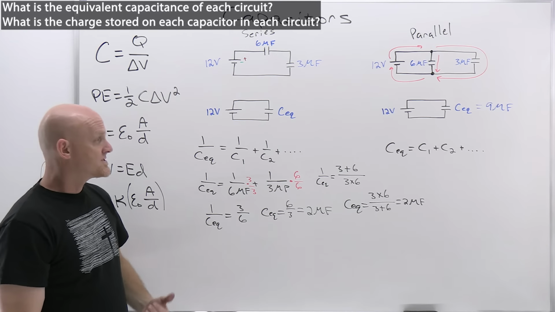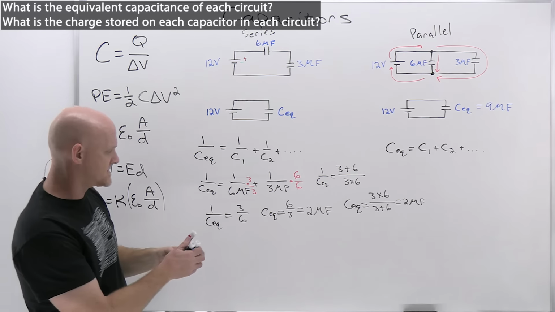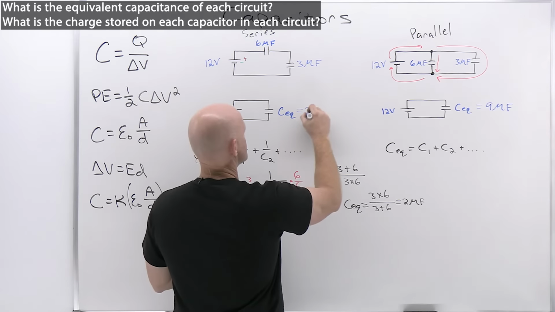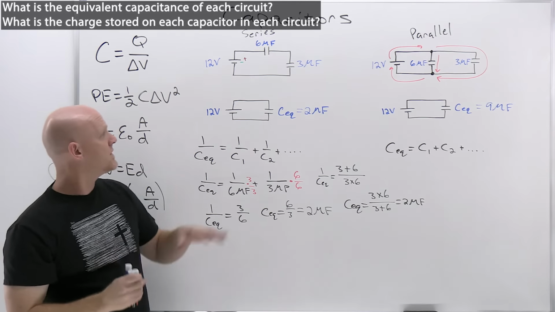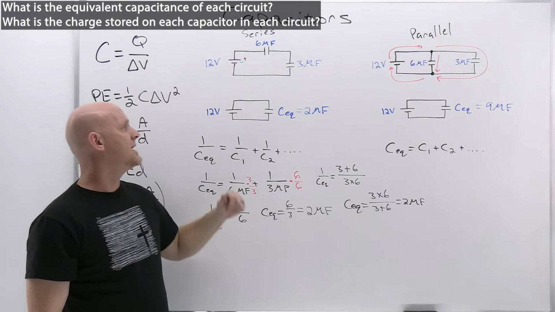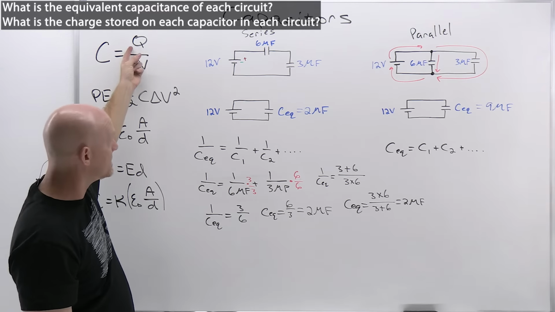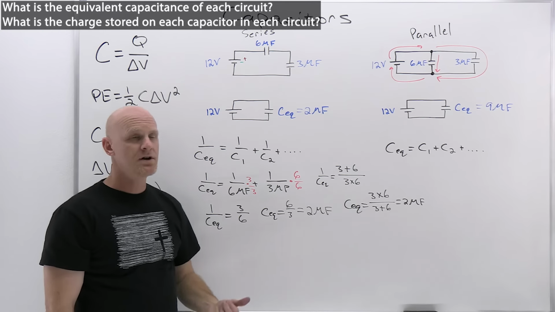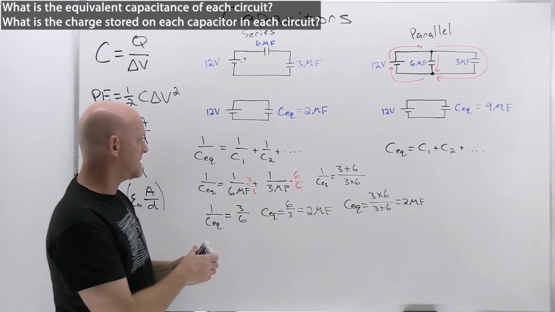Okay, so let's go back to this for a second. We found the equivalent capacitance for both of these. And again, let's write this one out up here. It was 2 microfarads. We can look at this equivalent capacitance scenario for this single simple circuit, if you will. And we can look at the delta V and the equivalent capacitance and very quickly find the total charge stored by that equivalent imaginary capacitor. Now let's do that for a second.